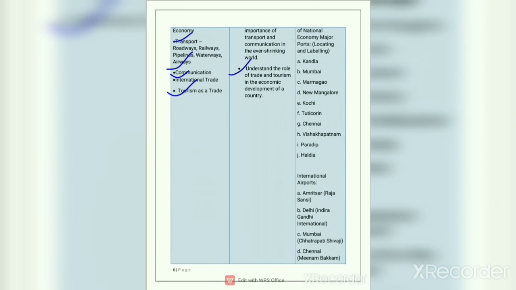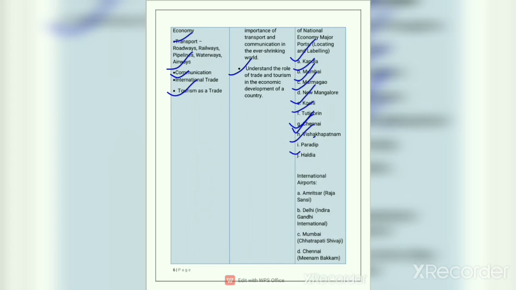You should also be able to locate the major ports on an outline map of India. They are Kandla, Mumbai, Marmagao, New Mangalore, Kochi, Tuticorin, Chennai, Visakhapatnam, Paradip and Haldia.